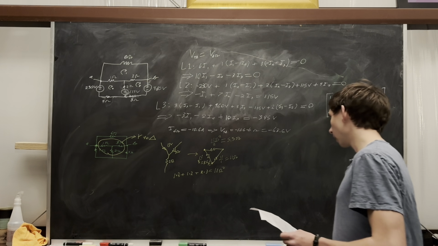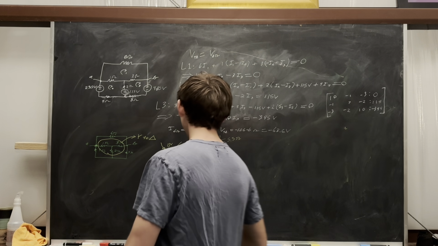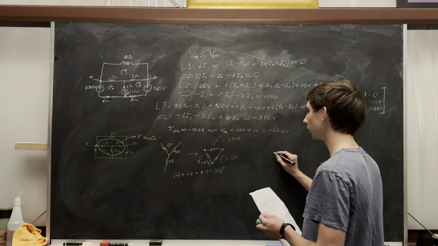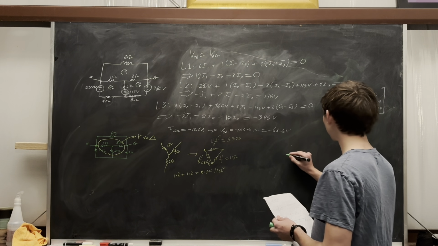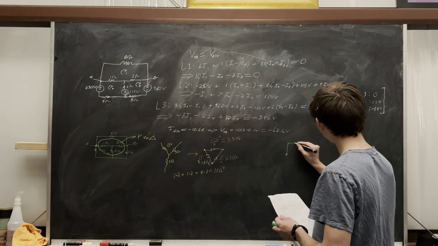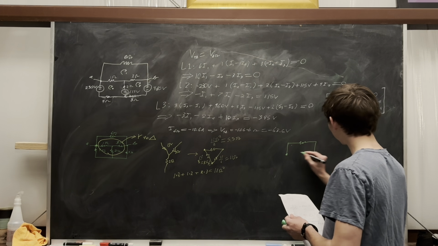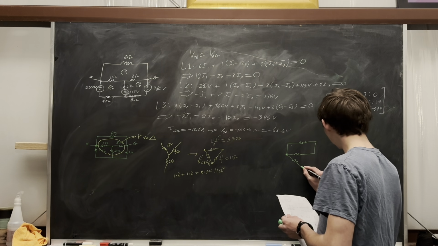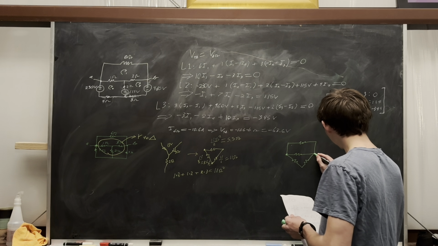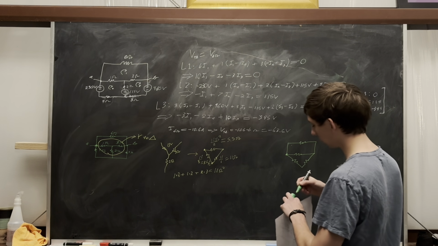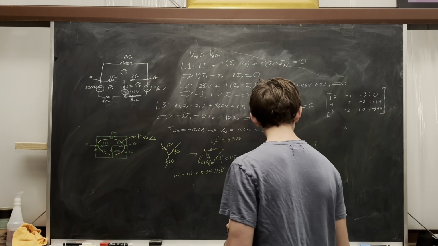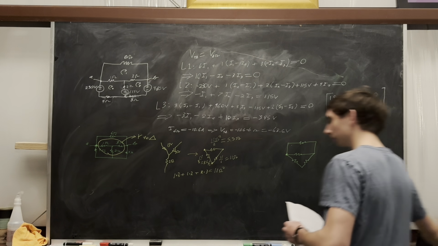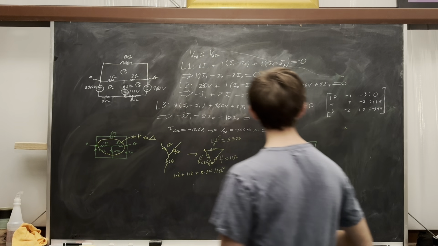So, if we redraw the circuit yet again, it's that. We get this one's leaking too. Switch to red.